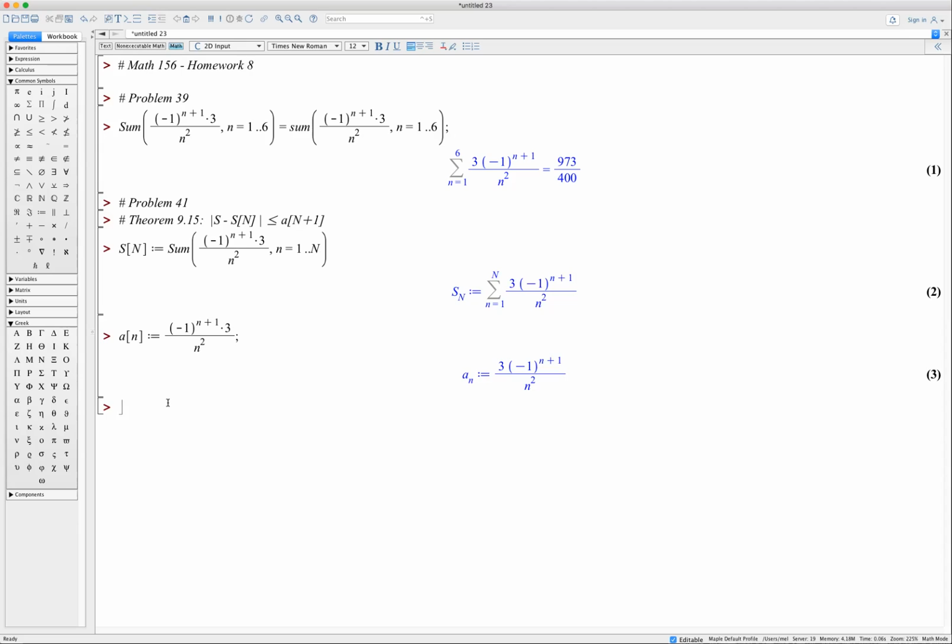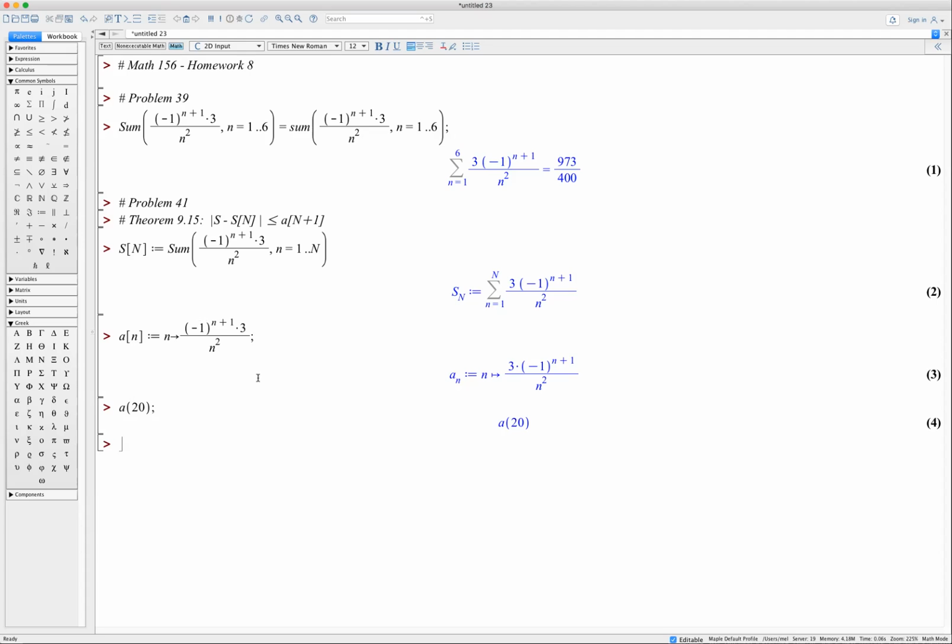Here, let me just do an example. What is, let's say, A20? Let's make this a function. So this is A of 20.